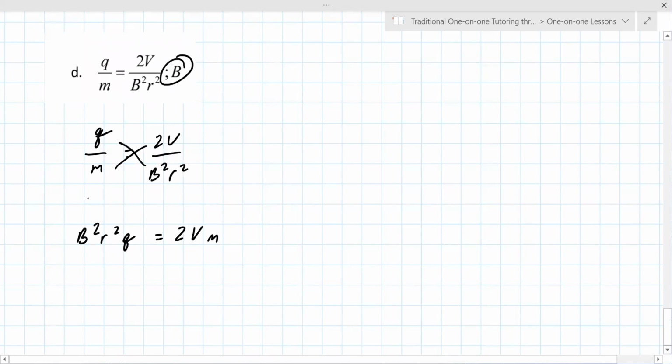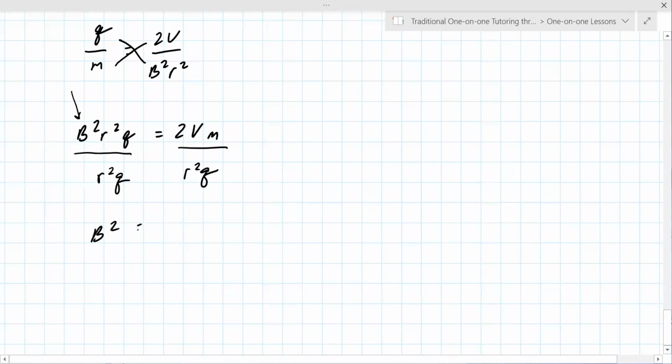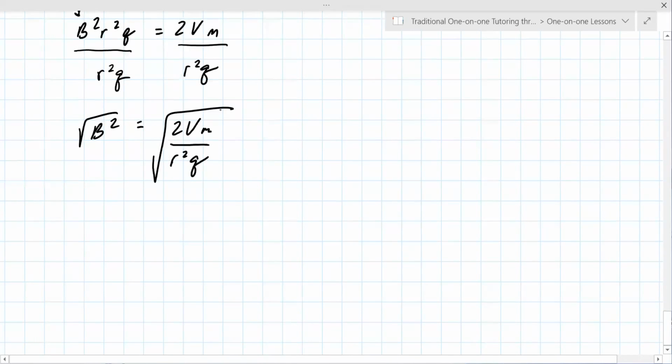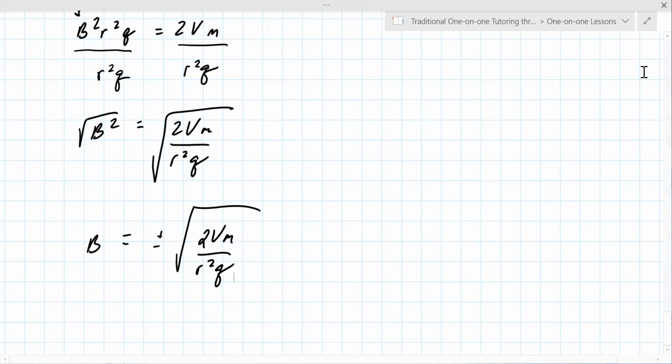And then we want to get to B. So we need to undo the R squared and the Q. They're multiplying, so you undo them with division. We're really close because it's B squared equals 2VM over R squared Q. And then you take a square root of both sides. So B equals plus or minus the square root of 2VM over R squared Q. Whenever you take a square root, it's always plus or minus. Okay, got it.